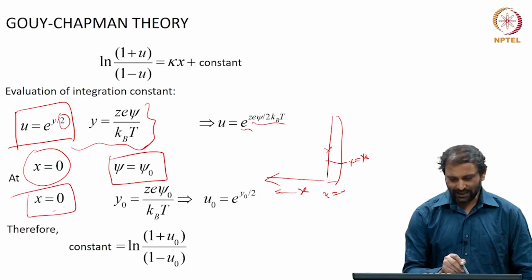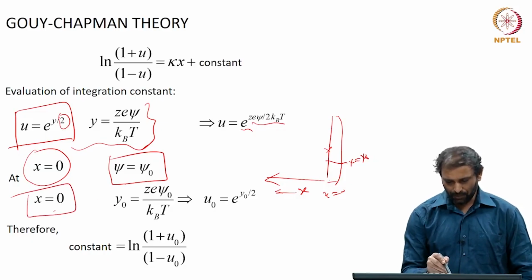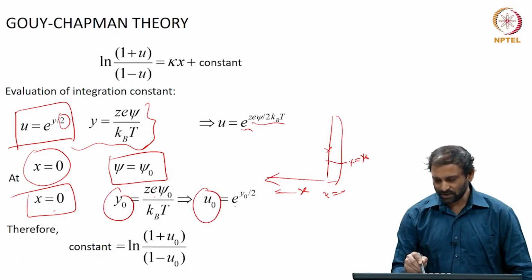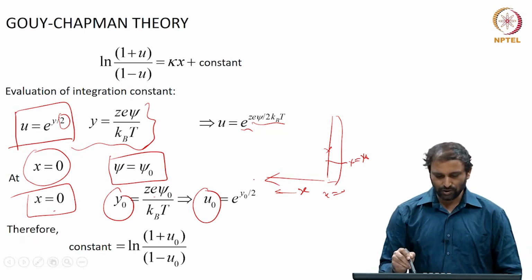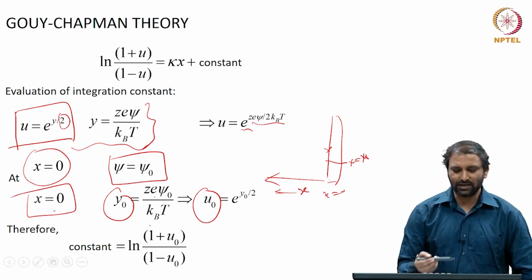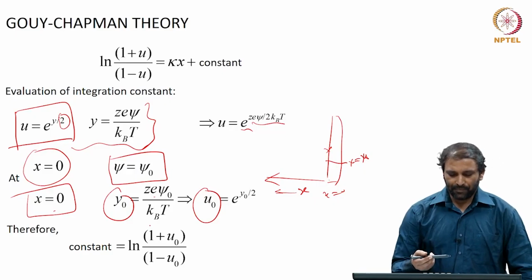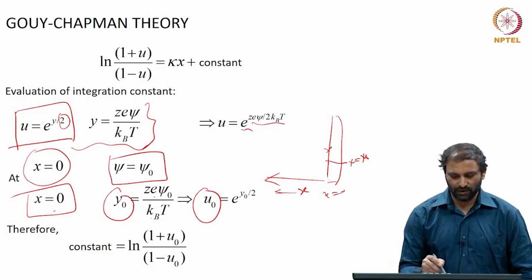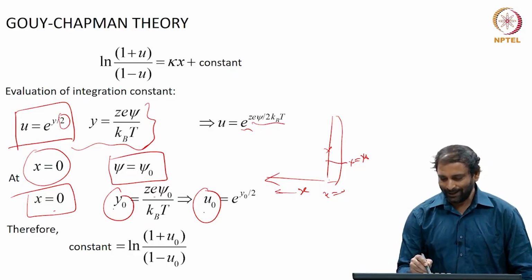Therefore, at x is equal to 0, y naught becomes z e psi naught divided by kBT, and u naught becomes e power y naught divided by 2. So, we are essentially re-evaluating all the initial conditions and the boundary conditions in terms of y naught and u naught.